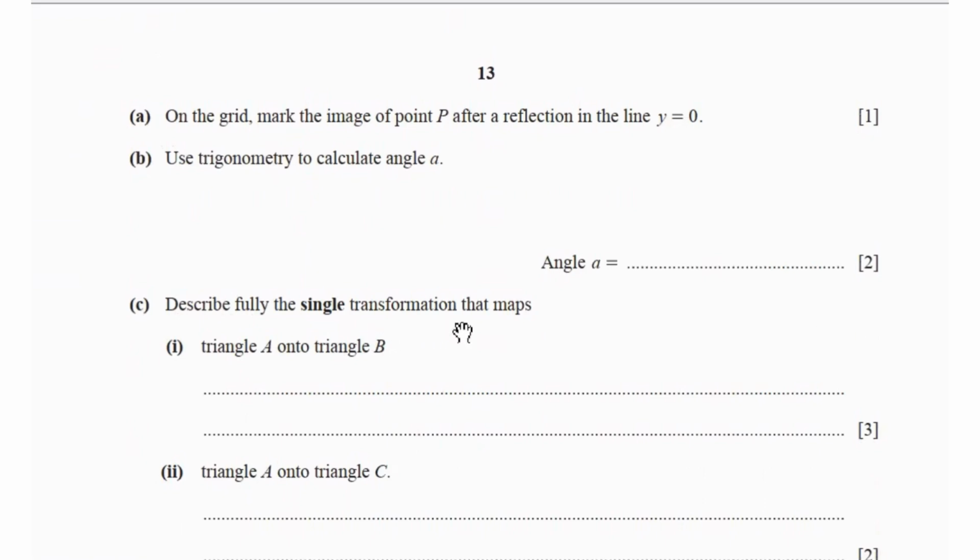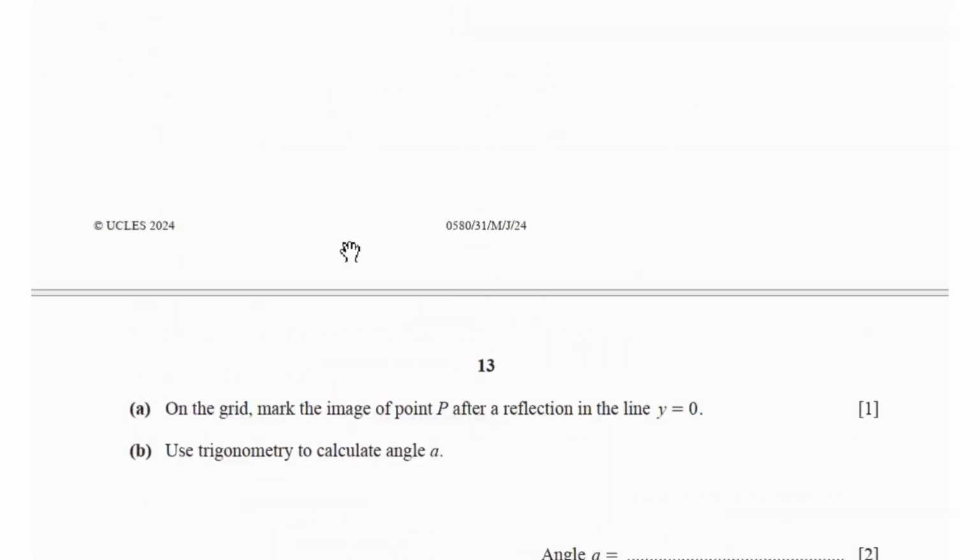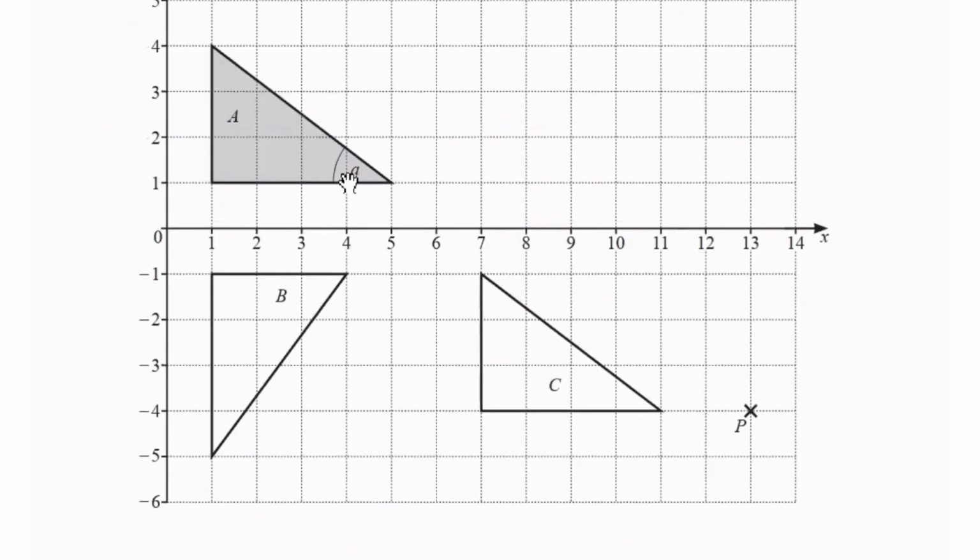Describe fully the single transformation that maps triangle A onto triangle B. So for triangle A onto triangle B, we can see that this is where your angle A is.